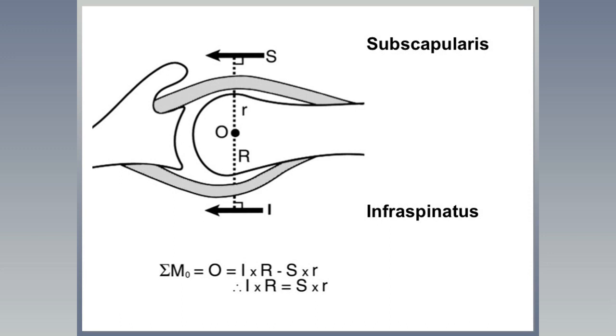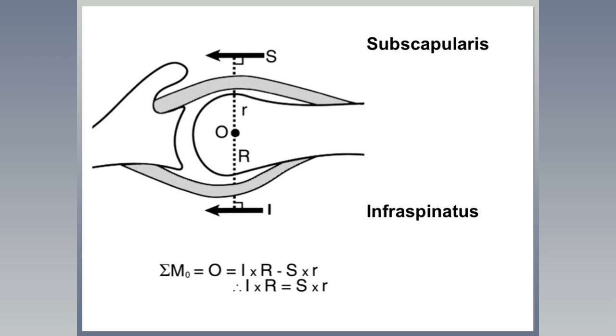Subscap comes in, posterior cuff goes out. You can't have anything more opposite than that, right? But when they fire together, they both work on achieving dynamic stability. They both work on centering that humeral head. So that's two muscles doing the exact opposite thing to get one common goal.